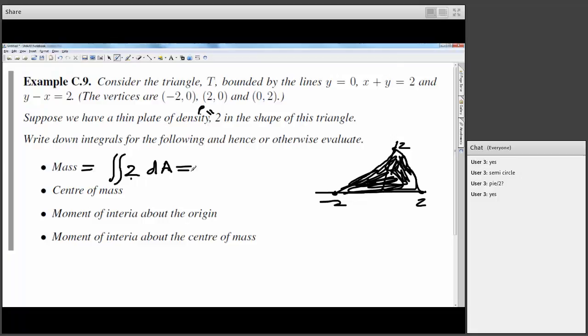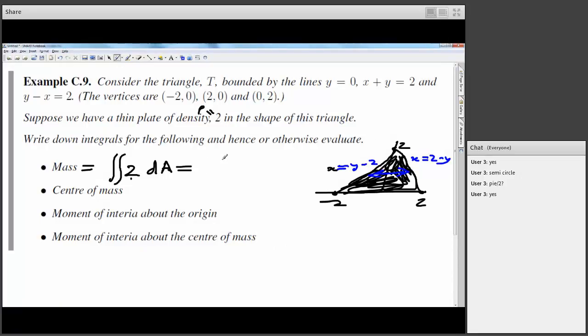And because this is a type 2 region, it's basically between two functions of y. So x is y minus 2, and x is 2 minus y. Those are the bounding curves.